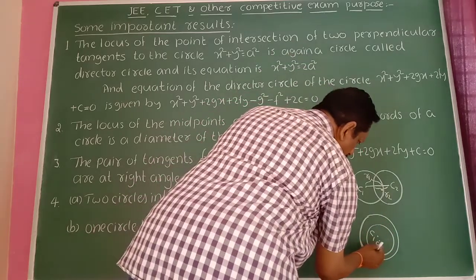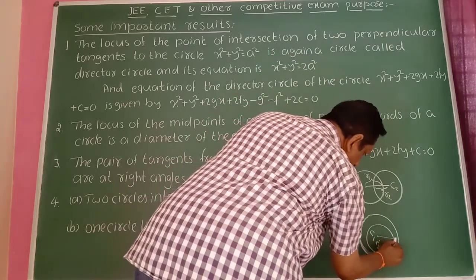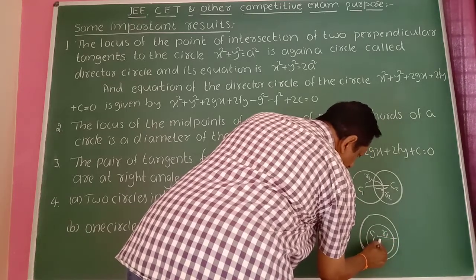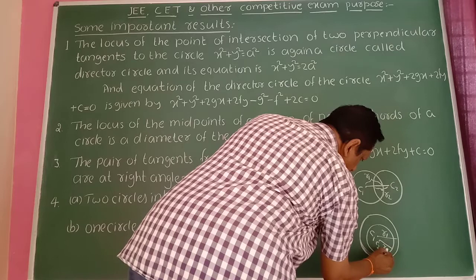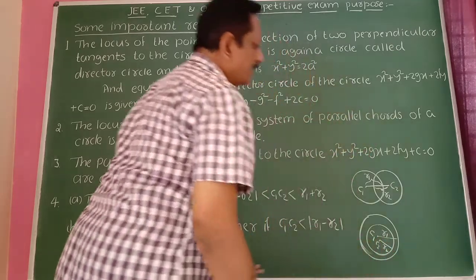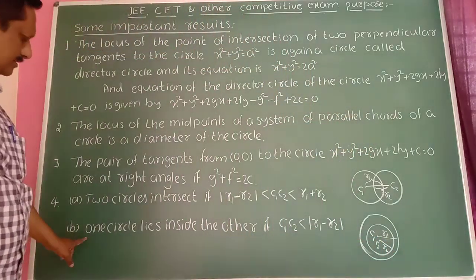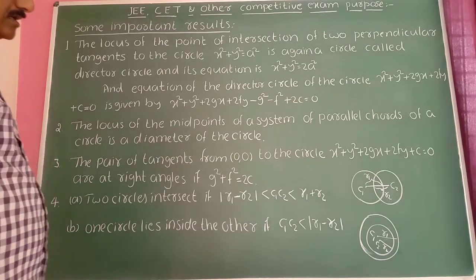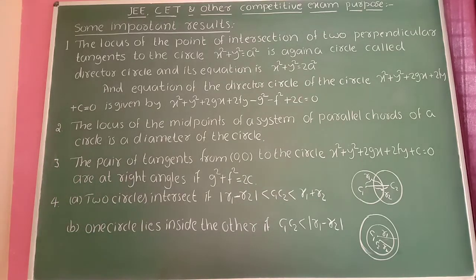Then R1 is the radius of the big circle, and R2 is the radius of the small circle here. Therefore, one circle lies inside the other if C1C2 is less than modulus of R1 minus R2.